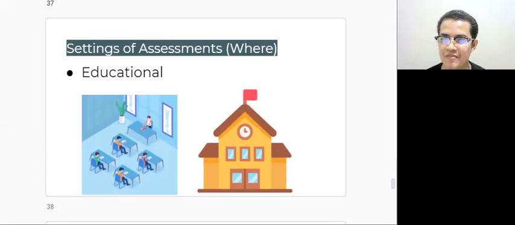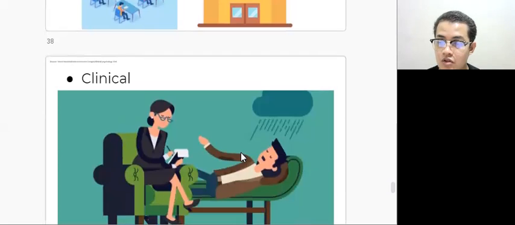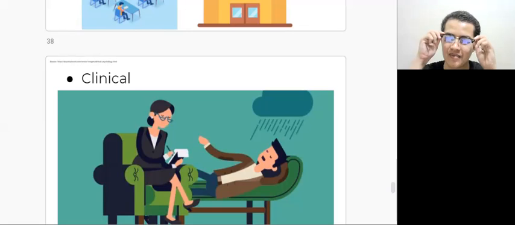Now, tests employed in clinical settings are also possible. This may include the intelligence test, personality test, neuropsychological test, and other specialized instruments, depending on the presenting and suspected problem area.